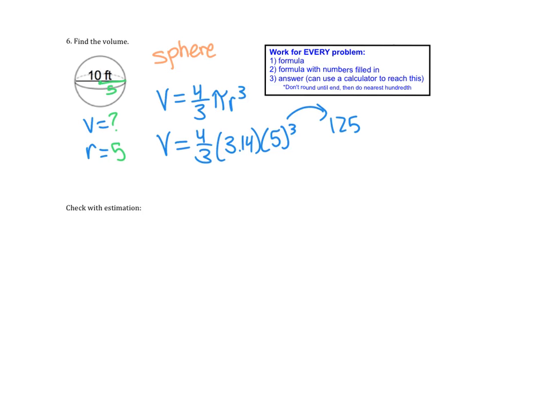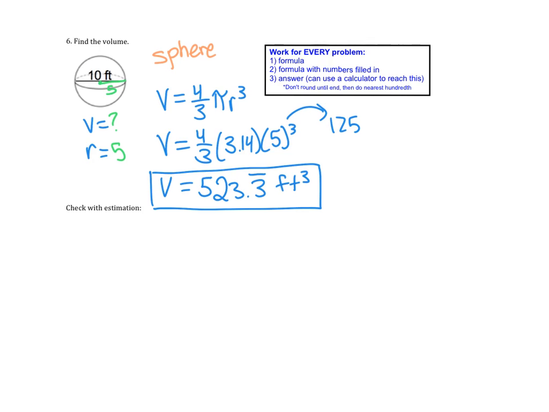And when you find the entire volume, if you've used 3.14 for pi, you would find 523.3 repeating feet cubed. You can leave that as your answer, or you could leave it exact as 523 and 1/3, or if it asks you to round to the nearest hundredth, we would write 523.33. Although that's rounded, that would be an acceptable answer. Make sure you include your units, feet cubed.